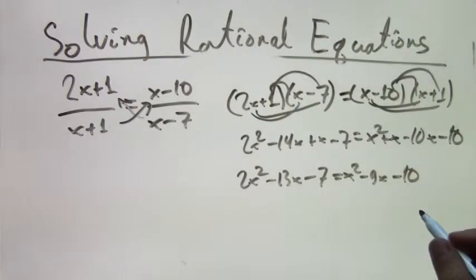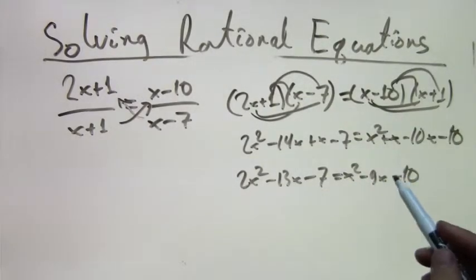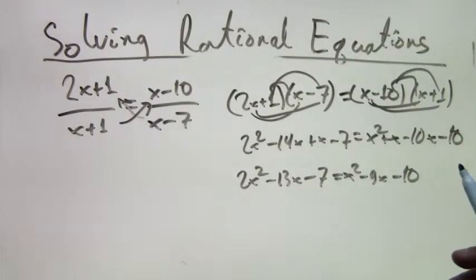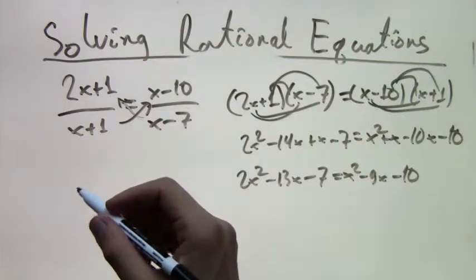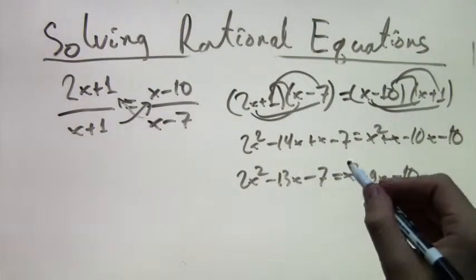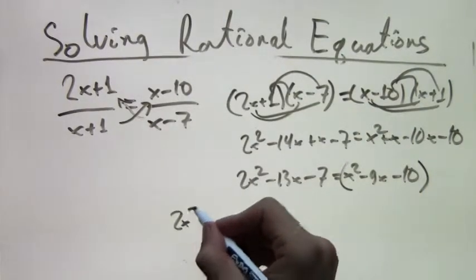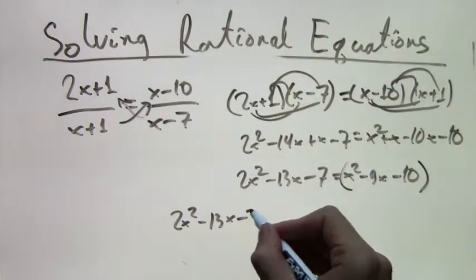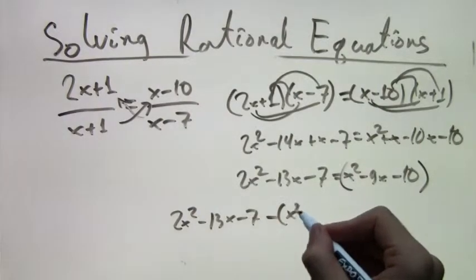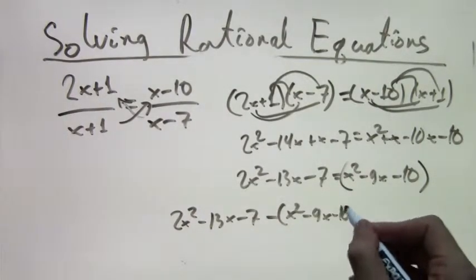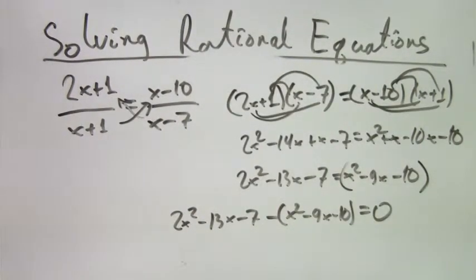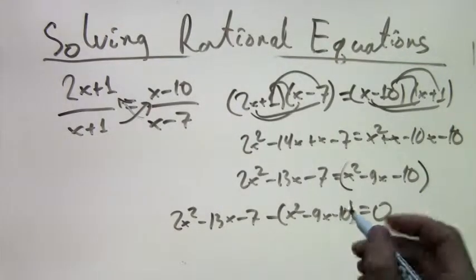And now we're going to bring everything to one side of the equation. That is, we're going to subtract the entire right-hand side of the equation from both sides. So on the right hand side, we're going to get 0. And on the left hand side, we're going to have to do a little bit of simplification. So here I'm subtracting the entire right hand side, and the whole thing is equal to 0.